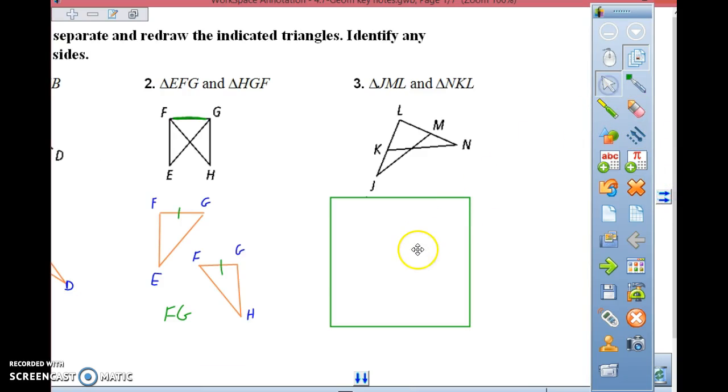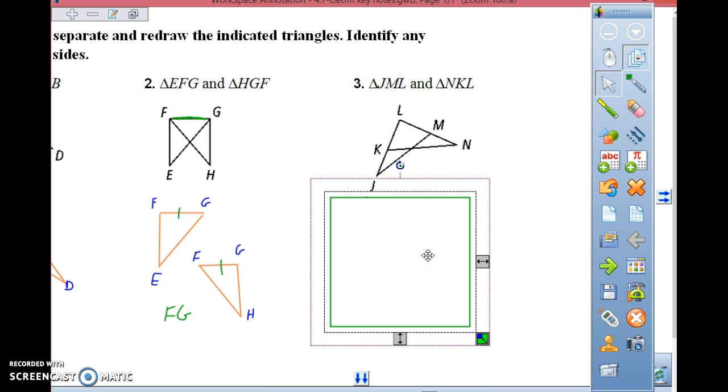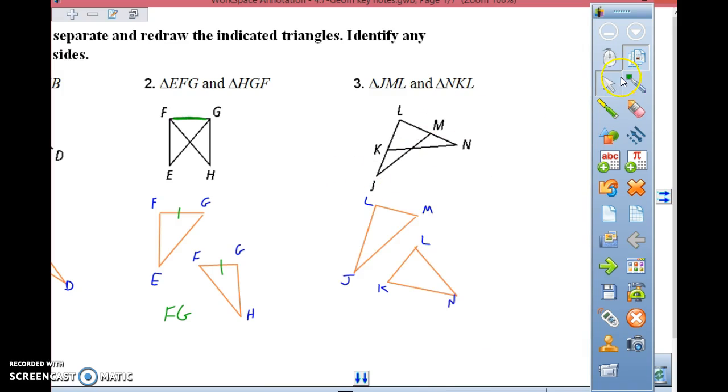Number 3, we first have to redraw and separate the triangles. So we're looking at angle L. It happens here and it happens here. Noticing that K intersects on LJ and M intersects on LM.